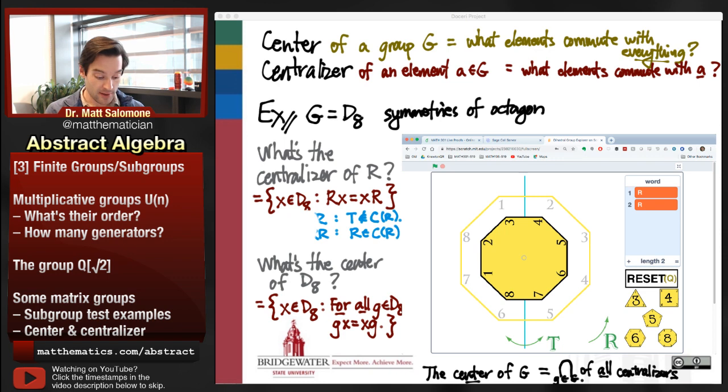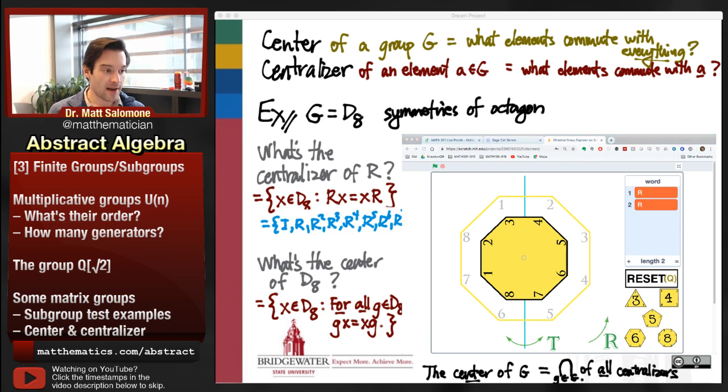And it's not too challenging to convince ourselves that those are the only examples. The identity, R, R squared, R to the third, R to the fourth, R to the fifth, R to the sixth, R to the seventh. That is the centralizer of the element R in the dihedral group of the octagon.